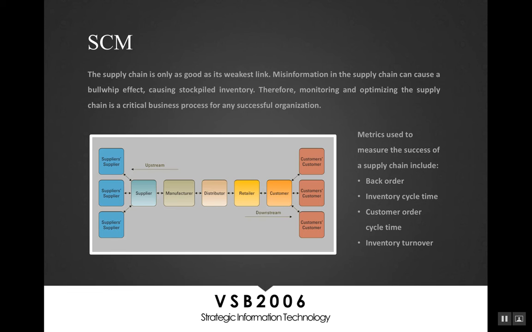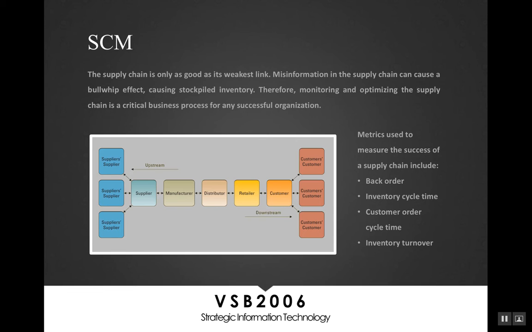Customer order cycle time: there's a term we call the perfect order. How long does it take to execute a customer order cycle? Are there delays, what percentage of our orders are perfect orders versus those that require delays, and how long are those delays?